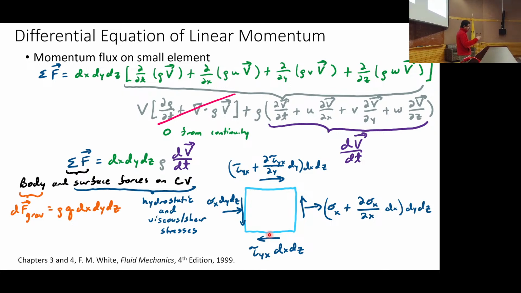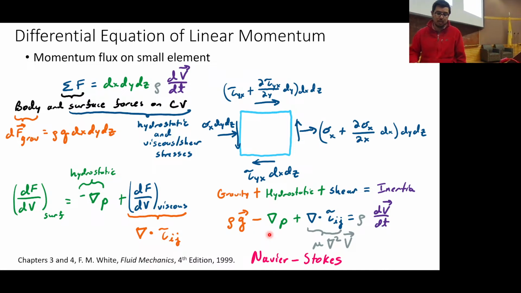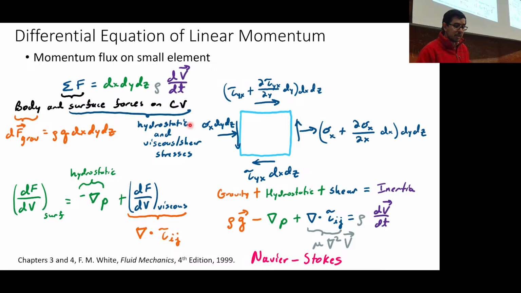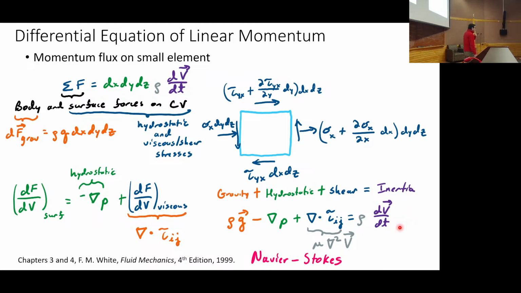And when you do that, you get a little bit more math, and when you balance out the hydrostatic and the viscous and shear stresses, you can get what we call the Navier-Stokes equation, like you see here. This is the gravity term, this is the hydrostatic term, this is the shear term, and this is the inertia term. So what's cool is that you don't have to solve this manually like you did before. Well, actually you do, right?